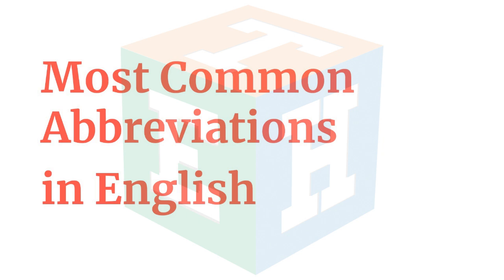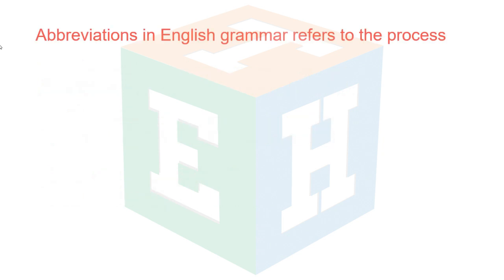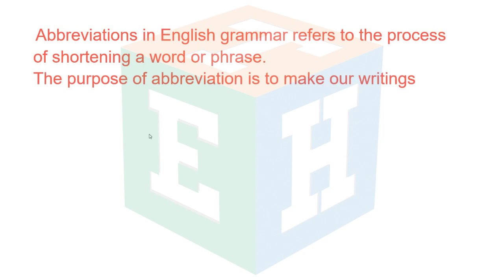In today's video, we're gonna be looking at most common abbreviations in English. So let's dive in. Abbreviations in English grammar refers to the process of shortening a word or phrase. The purpose of abbreviation is to make our writings efficient and speeches more quick.